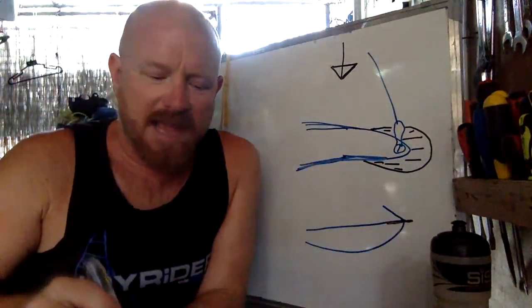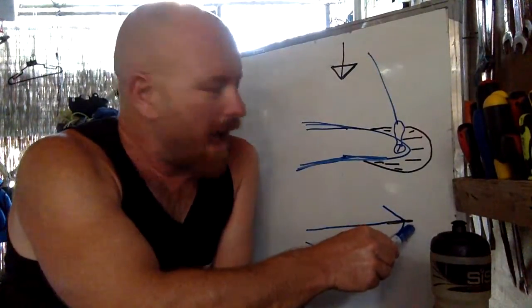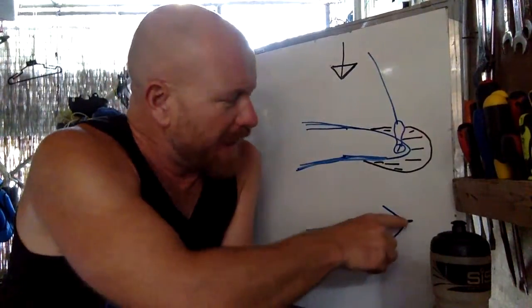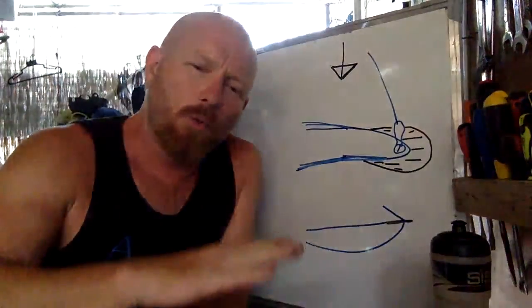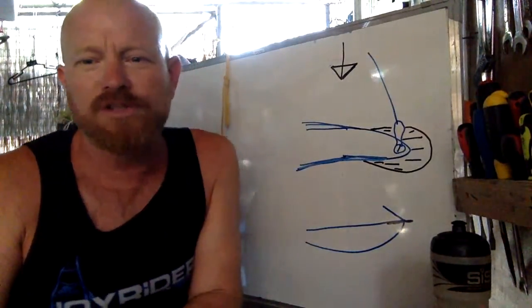And what the idea is, it's going to add resistance. If the bow is being pushed under the water, then this plate is going to hit the water first and stop the bow from going under the water.